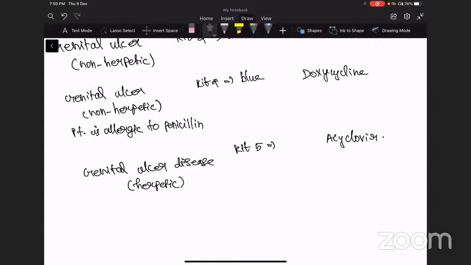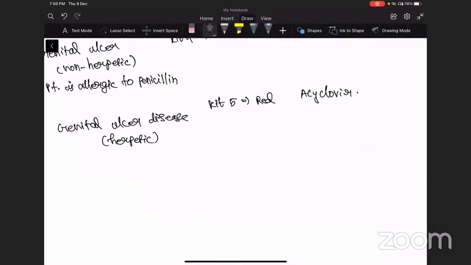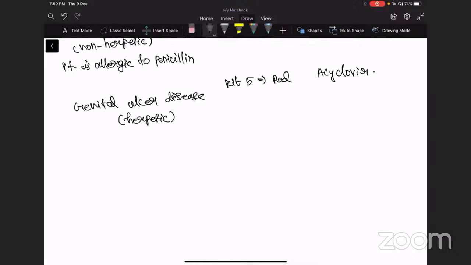Yes, correct, Kamal. So kit 5 is correct as told by Kamal. It is red. It's kit 5 for genital ulcer disease, herpetic.